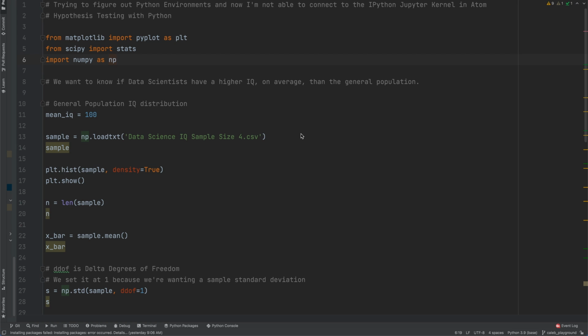In the midst of that, I wasn't able to get the IPython Jupyter kernel to work properly in Atom after going back and forth with all those things. So I'll be doing everything in PyCharm for now, just to move things forward with something I'm comfortable with. That being said, this last week, that was where most of my focus went outside of work.